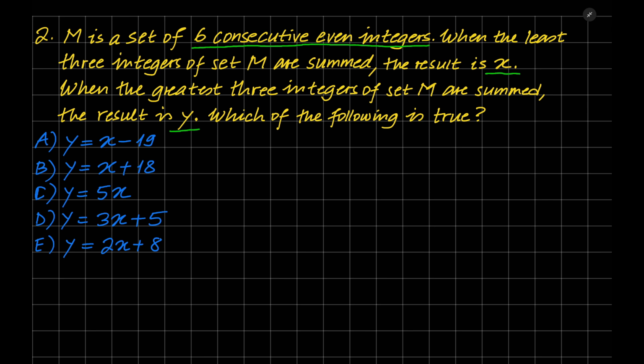For example, suppose set M consists of the integers, let's say M is equal to 2, 4, 6, 8, 10, and 12. The sum of the least 3 is 12.